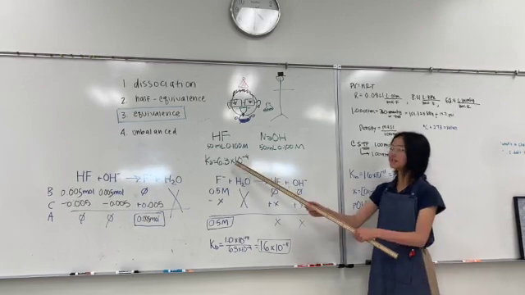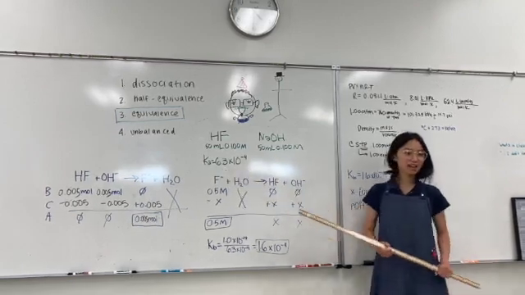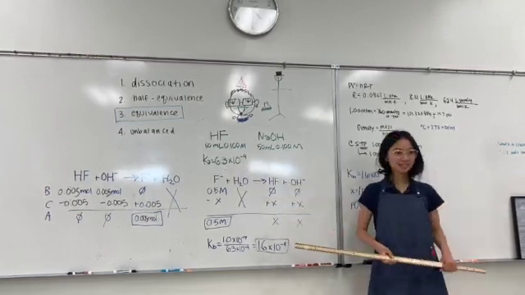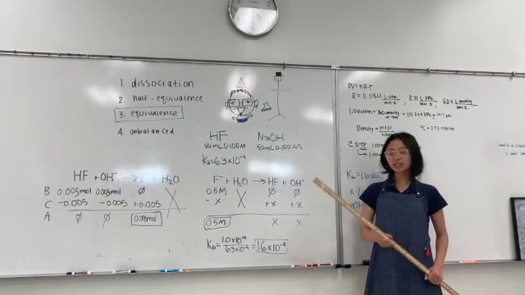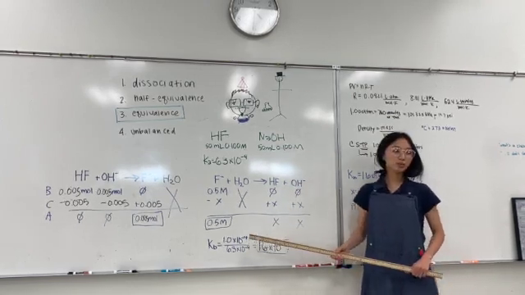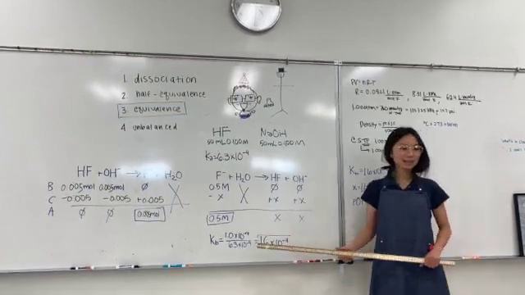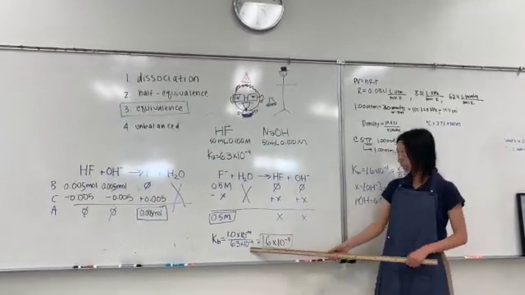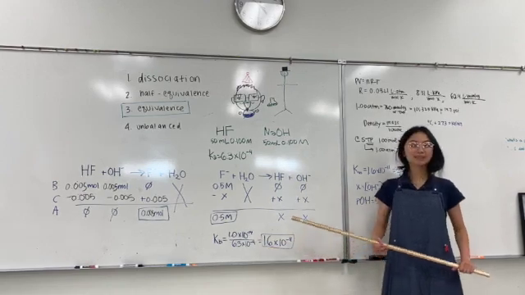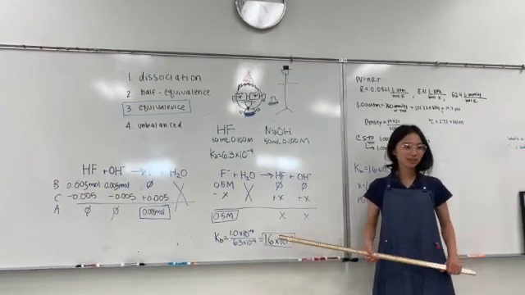The problem gives us the Ka value of HF, 6.3 times 10 to the negative 4th. Using the equation Kw equals 1 times 10 to the negative 14th, which equals Ka times Kb, we can find Kb, which is 1.6 times 10 to the negative 11.